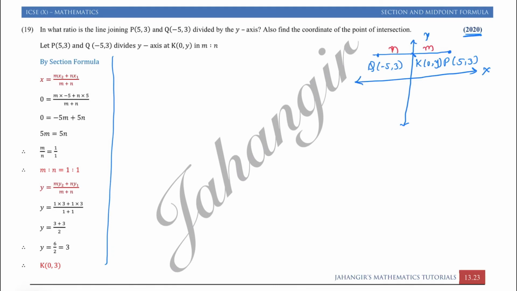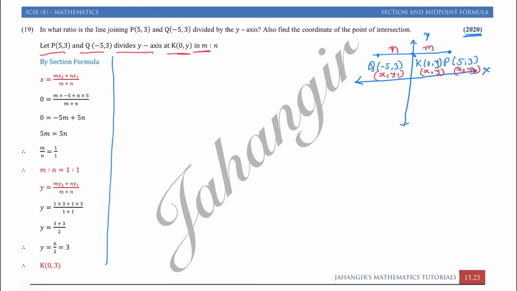So starting m with P. So here I can write, let P 5,3 and Q minus 5,3 divide the y-axis at K in the ratio. Later on you have to find the coordinate of intersection also, but as we know this is x1 y1, this is x comma y, this is x2 y2.